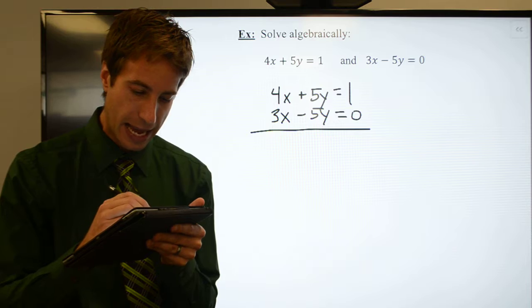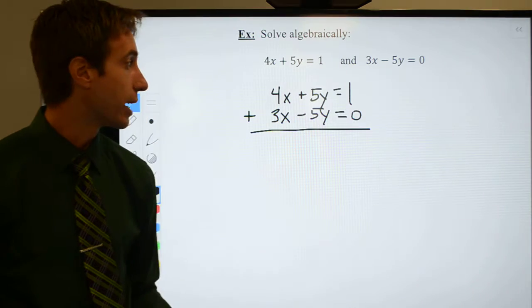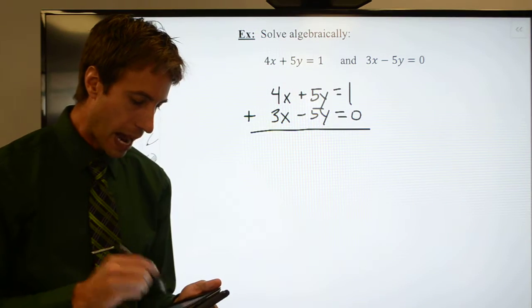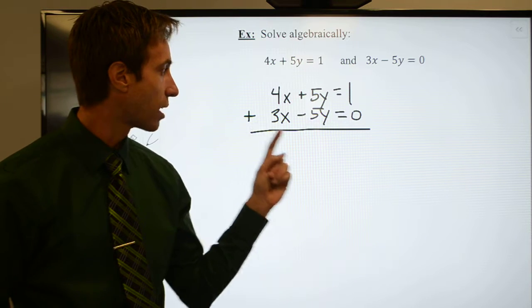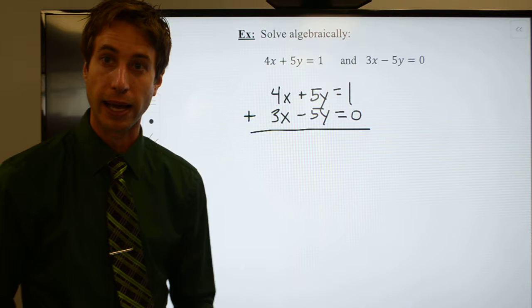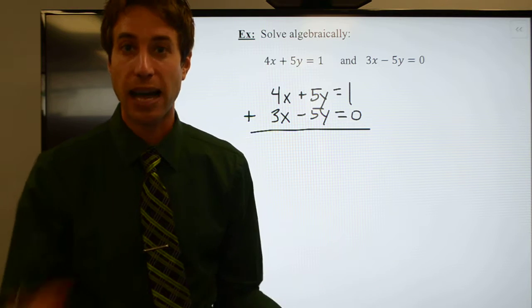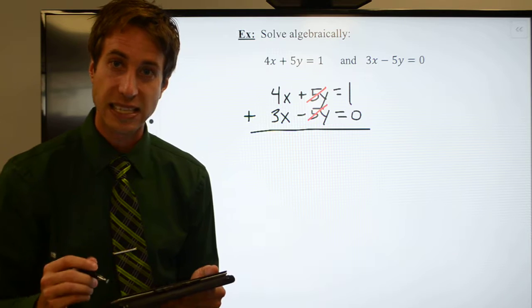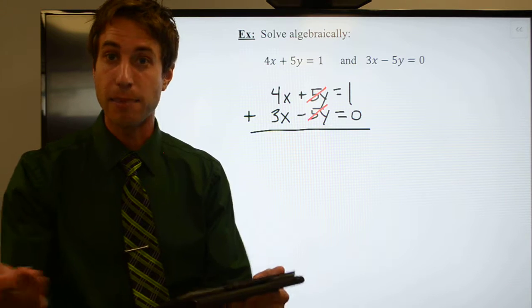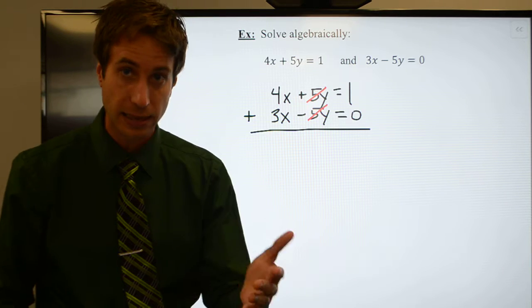I want to add these equations together. Well, what happens when you add a positive 5y plus a negative 5y? Yeah, they cancel out, right? It's 0. So we go ahead, cancel those guys out. We've eliminated them, hence the name of the method, the elimination method.